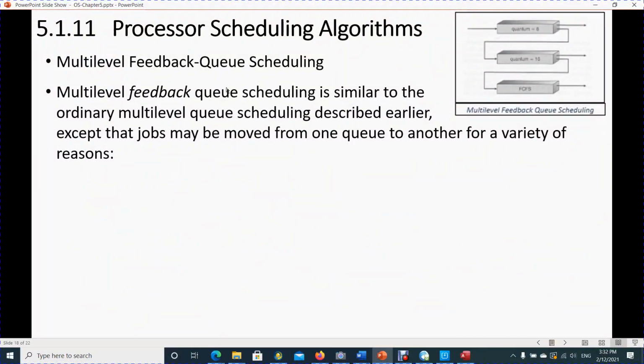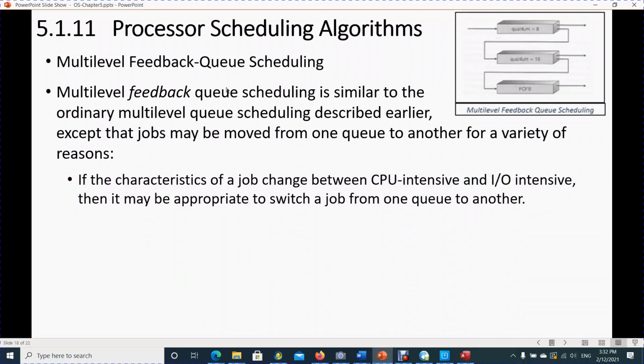Multi-level feedback queue scheduling is similar to ordinary multi-level queue scheduling, except that with feedback queue scheduling, you can move jobs from one queue to another. There are several reasons you might want to do this.